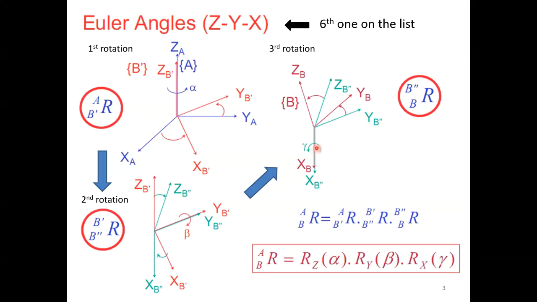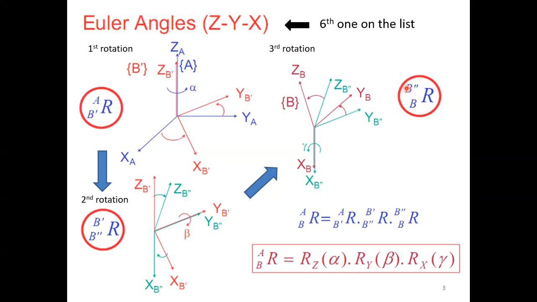When you do that, you reach the final orientation of frame B. So this final rotation is B double dash B R, how B is oriented with respect to B double dash.